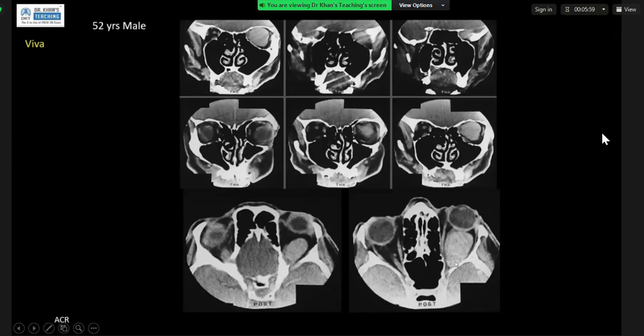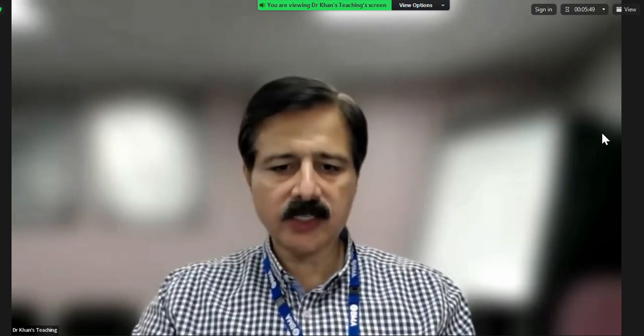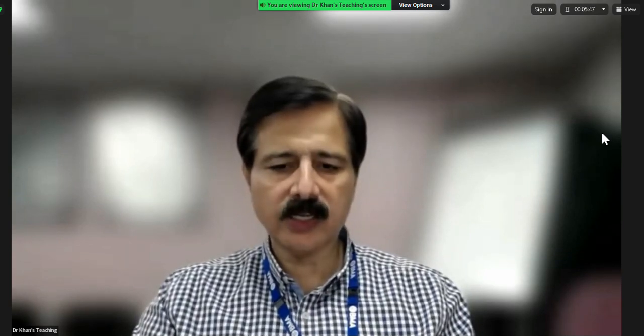This is an intensely enhancing intraconal lesion. So it could be a cavernous hemangioma. Okay, excellent. Now, the point is that cavernous hemangioma is the most common cause of a benign tumor of the orbit.